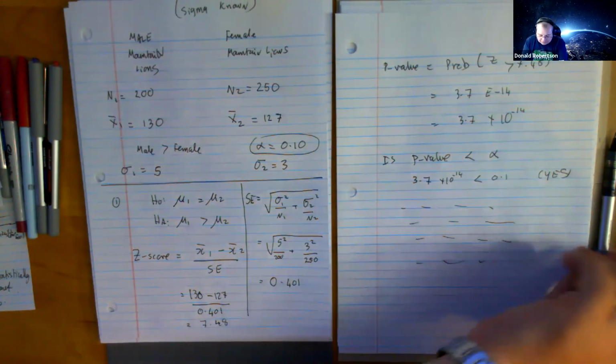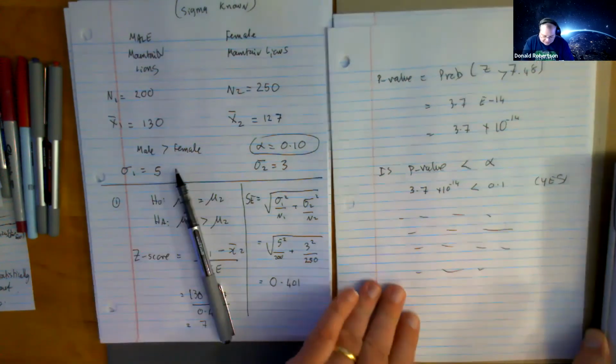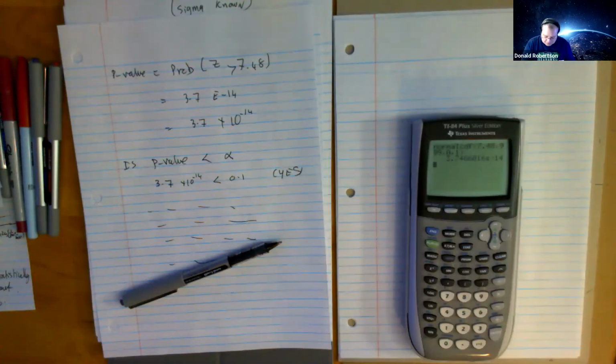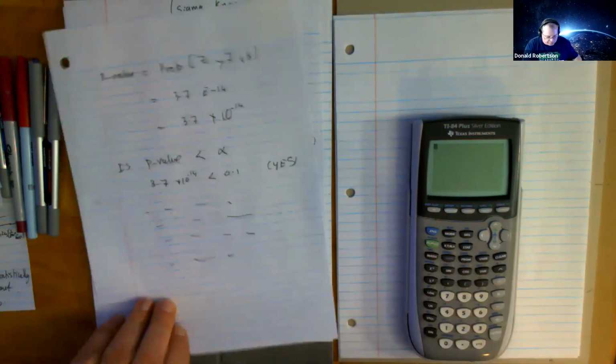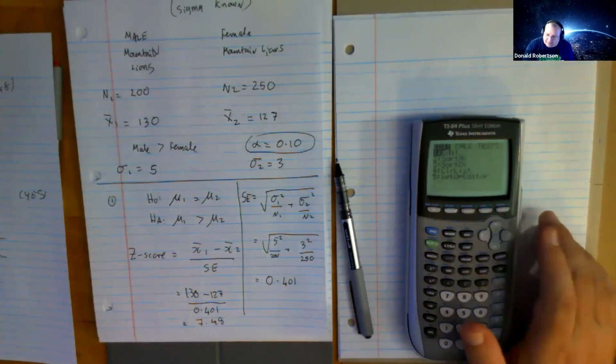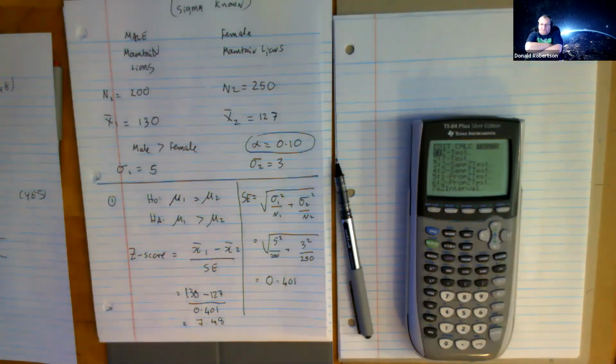So now we have to figure out how to get this p-value using all the data from my story. Now I'm going to hit start and go to tests. One of those guys in that page there, number 1 up to number 7, is our guy.